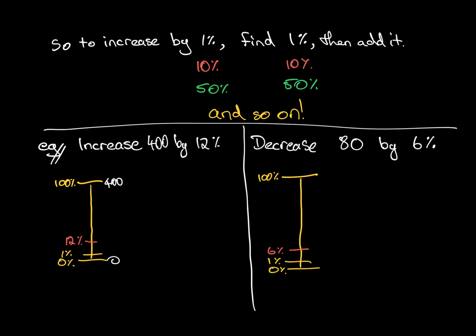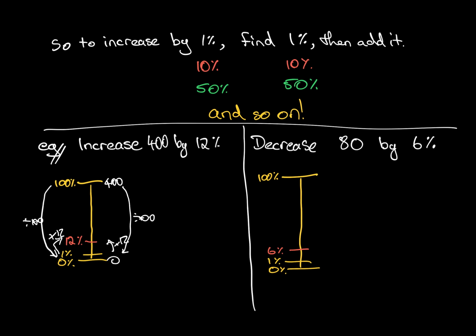Now to get 12%, what we're going to do is note that 1% is found by dividing the total by 100, and then 12% is calculated from there by multiplying that 1% by 12. We'll do exactly the same things because it's a proportional relationship. On the right side of our number line, we'll divide our 400 by 100, and that'll give us the 1% equivalent, and then we'll multiply that result by 12 to get 12%.